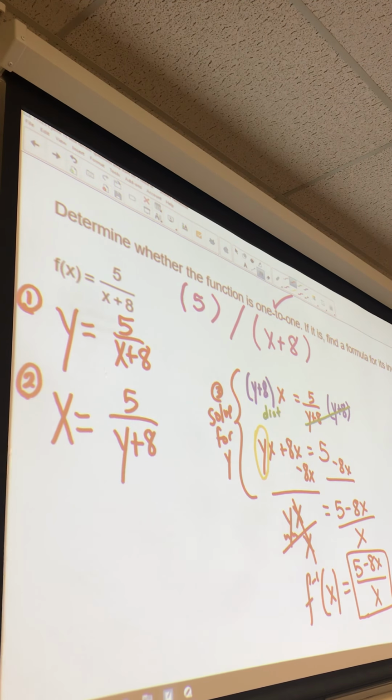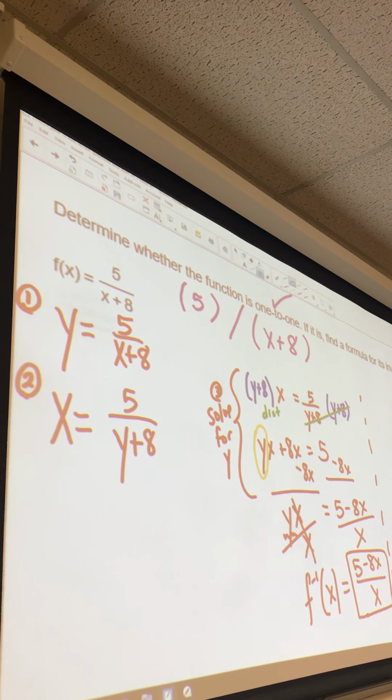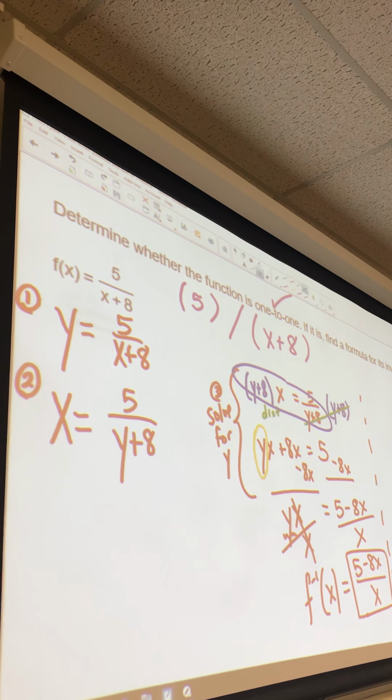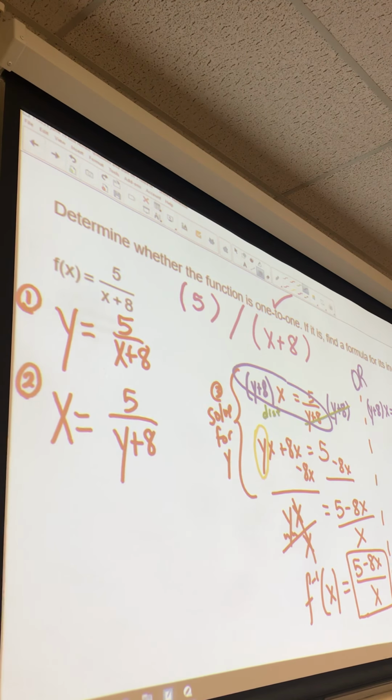What other way was it? You said yeah. Okay, the other way would have been right here when we just had that whole thing like that. So we had this part equals the 5, and we'd canceled out the y plus 8.